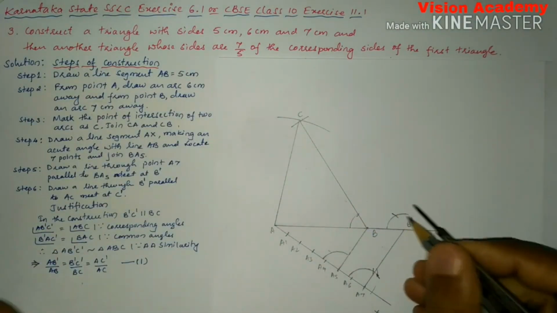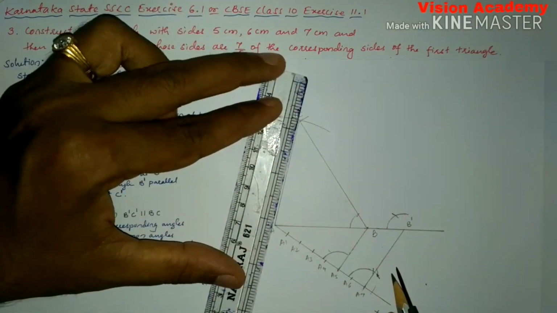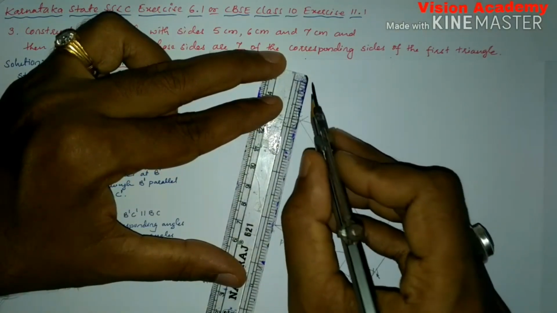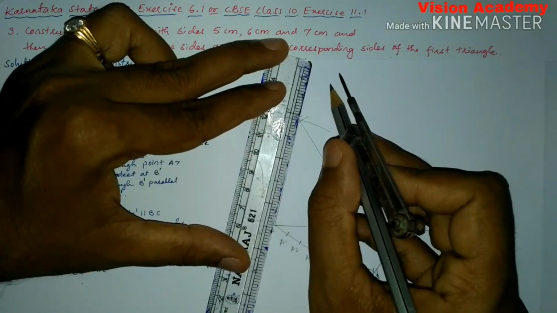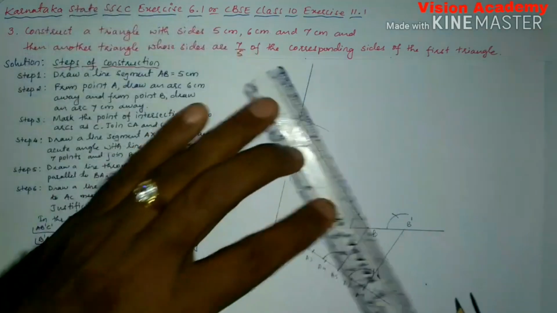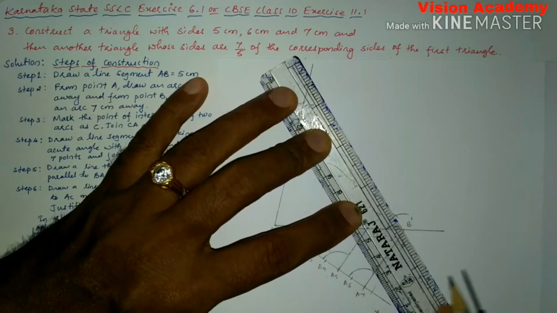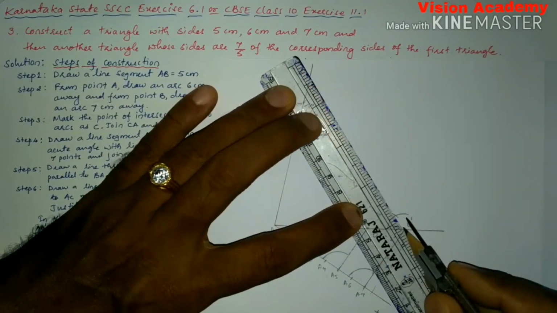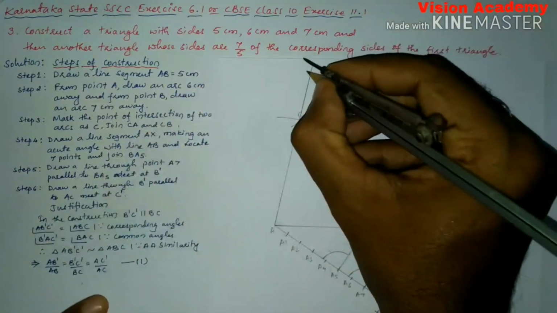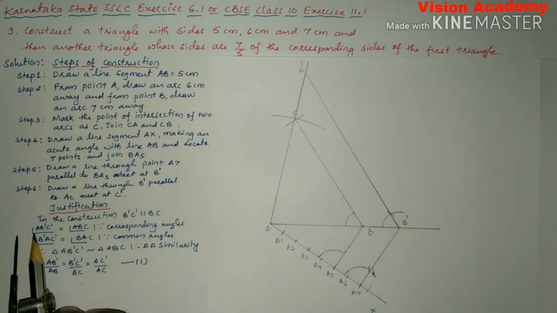Here we got this point through which we'll be able to draw a parallel line, and let me extend this line AC. So passing through this point, we'll be able to draw a parallel line, and let us name this one as C dash.